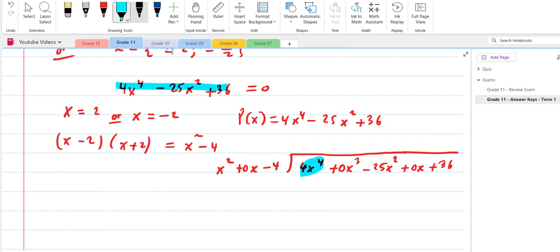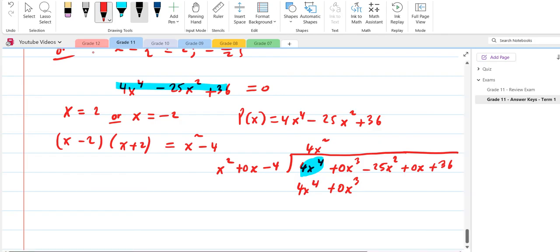Remember, we need to end up with a remainder of 0 because these are zeros. So 4x to the power 4 divided by x squared is 4x squared. 4x squared times x squared is 4x to the power 4. 4x squared times 0 is 0x cubed. 4x squared times minus 4 is minus 16x squared.